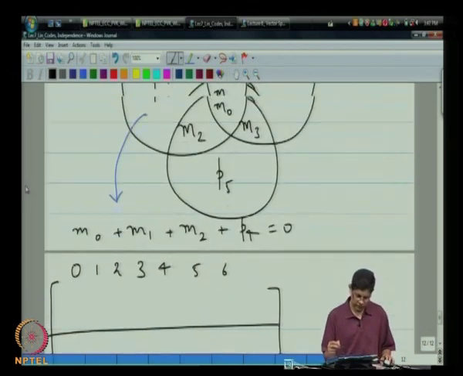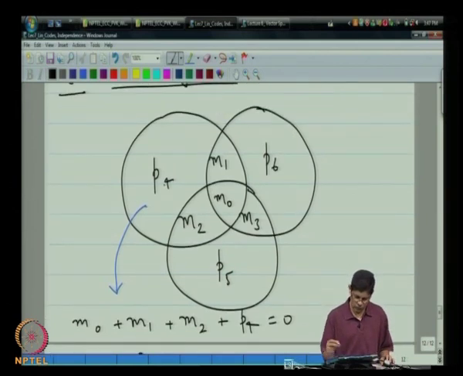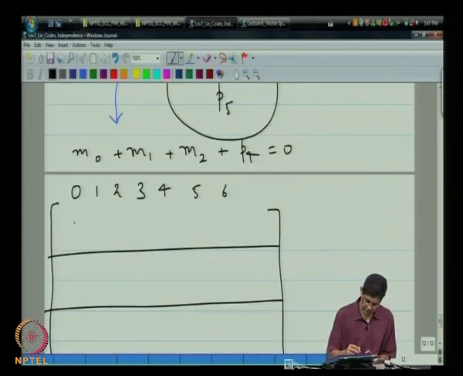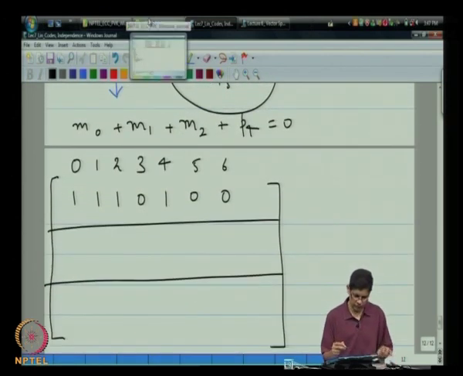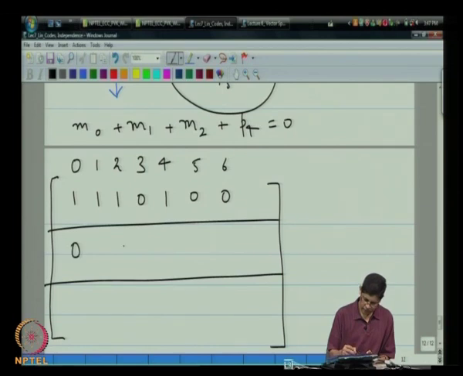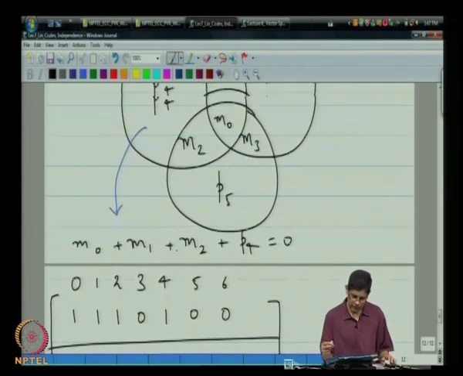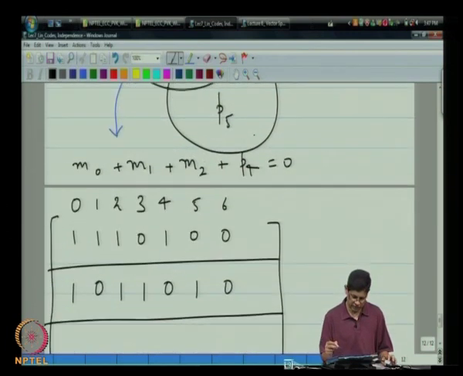The first one checks for 0, 1, 2 and 4, so I will say 1, 1, 1, 0, 1, 0, 0. The second one checks for 0, 2, 3 and 5. The last one checks for 0, 1, 3 and 6.